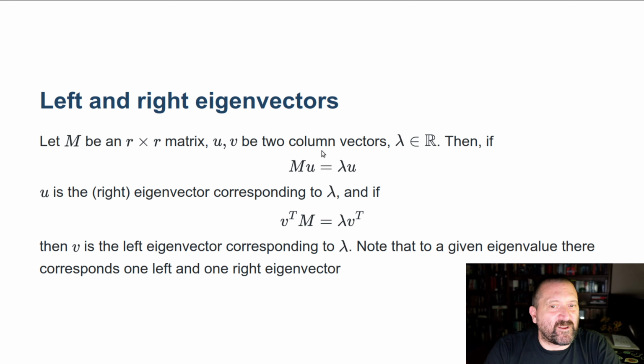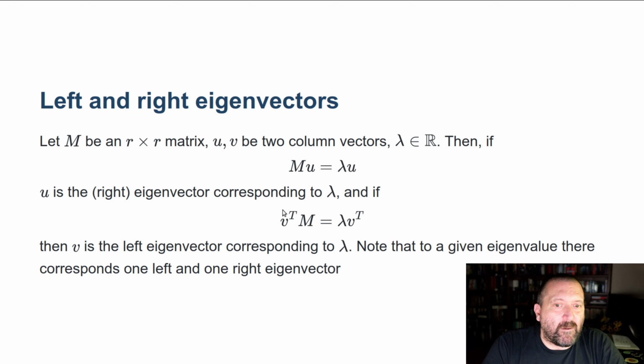If we have a matrix, then something that satisfies Mu equals lambda u for u non-zero is a right eigenvector, although we often omit the name right because that's the one we use most of the time.